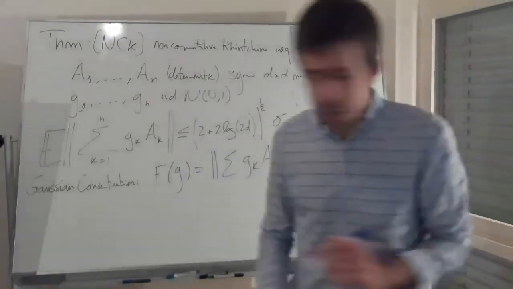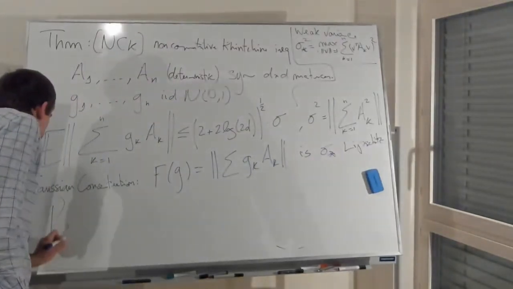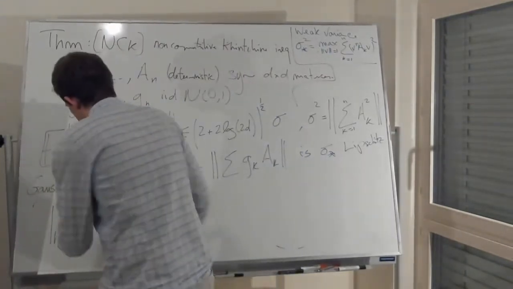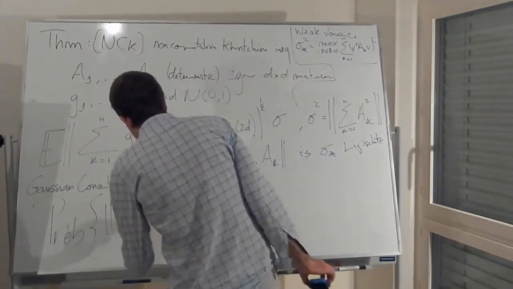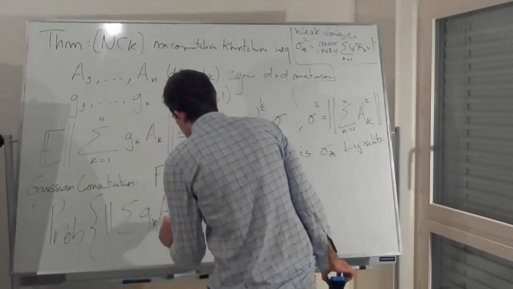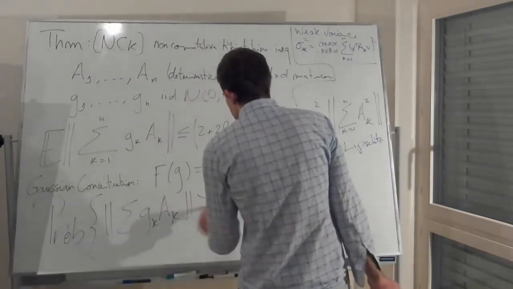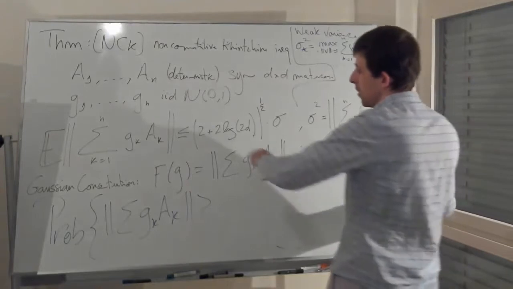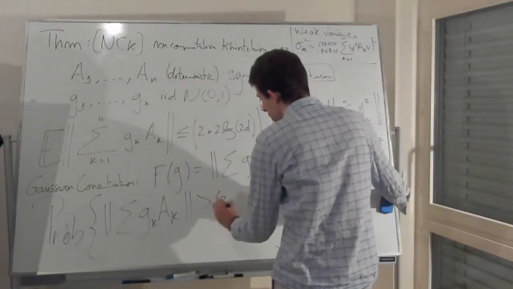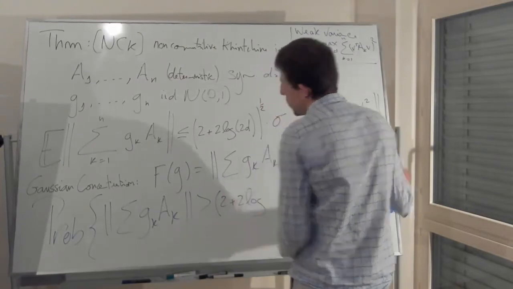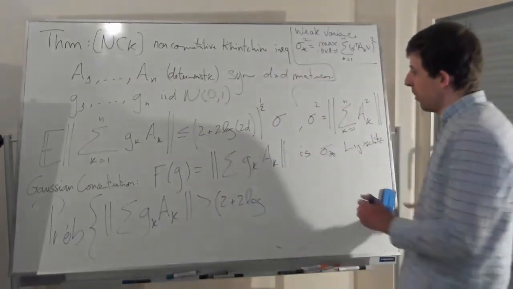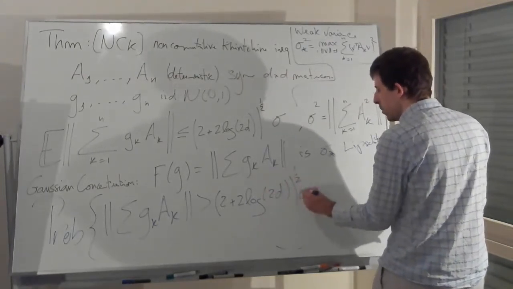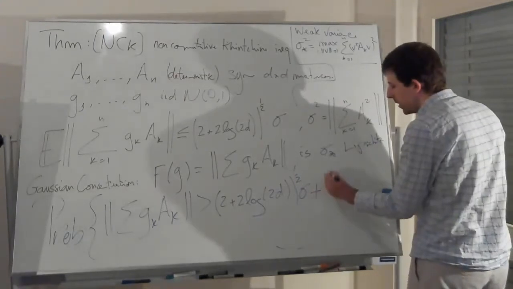The bound will be that the probability that the spectral norm of this series is bigger than the thing we control, this mean, because I only have an upper bound on the mean, I can only get an upper bound on the tail here, sigma plus t.